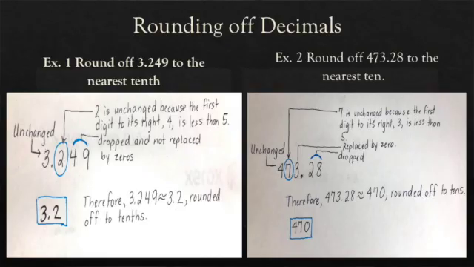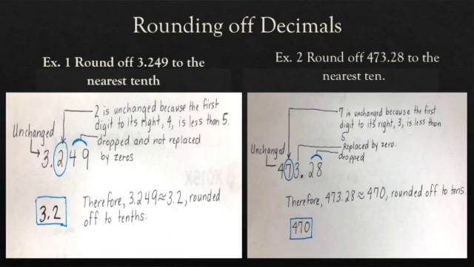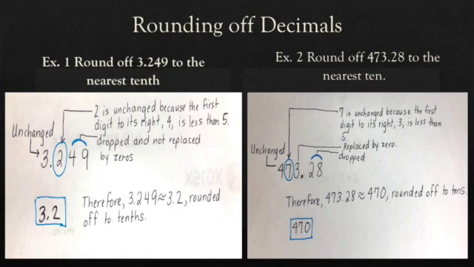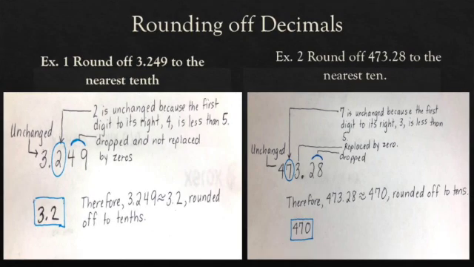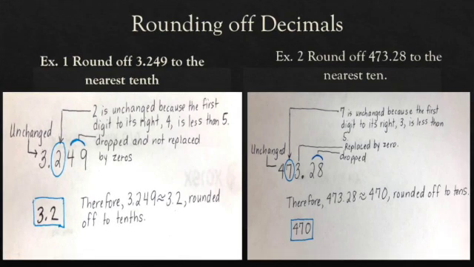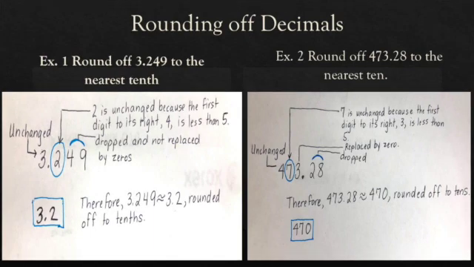We have in example 1, it states round off 3.249 to the nearest tenth. So you see I have circled in blue the number that needs to be rounded. So I'm going to look to the number to the right of the 2, which is 4.